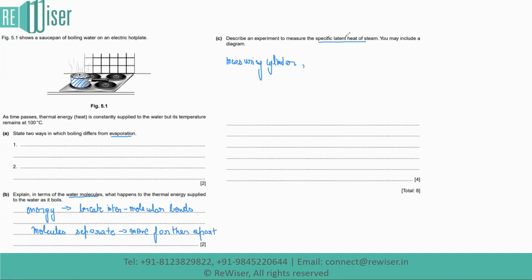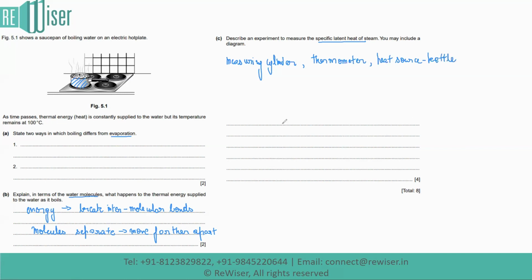We are going to require a thermometer, as specific latent heat has something to do with the change of state without a change in temperature. So it is important for us to note down the changes in temperature, if any. We also need a heat source. We could use a kettle for this.